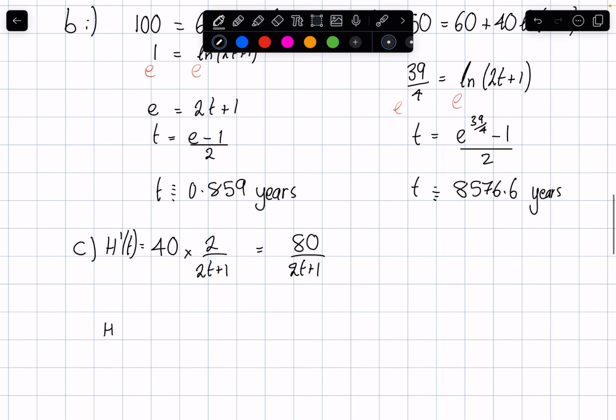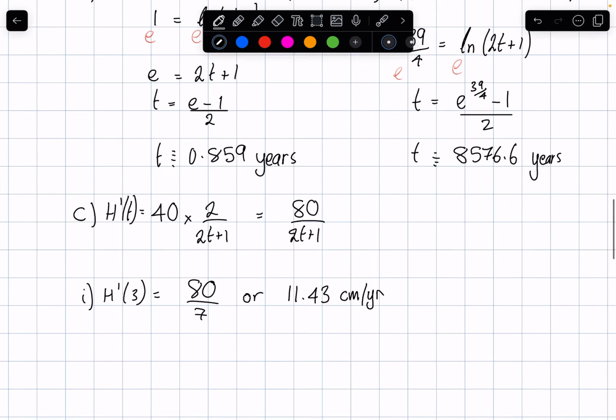Now if I find h dash of 3, which is what it's asking for, I've got 80 divided by 7, or if I just go down onto my calculator and do the fraction, 80 divided by 7 is 11.43 centimeters per year. So that's the amount it's grown per increment of time.